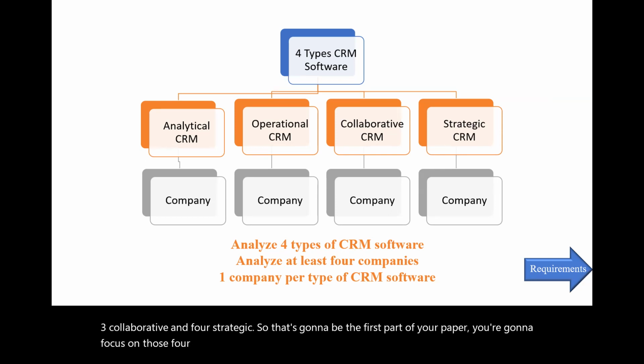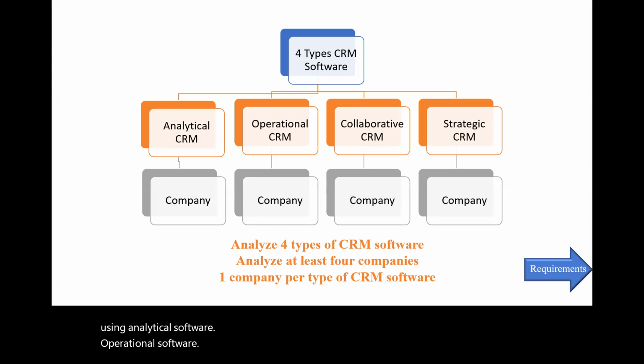And then on top of it, we need to identify at least one company that's using analytical software, operational software, collaborative software, strategic software. So think of an organization chart when you're putting this paper together.